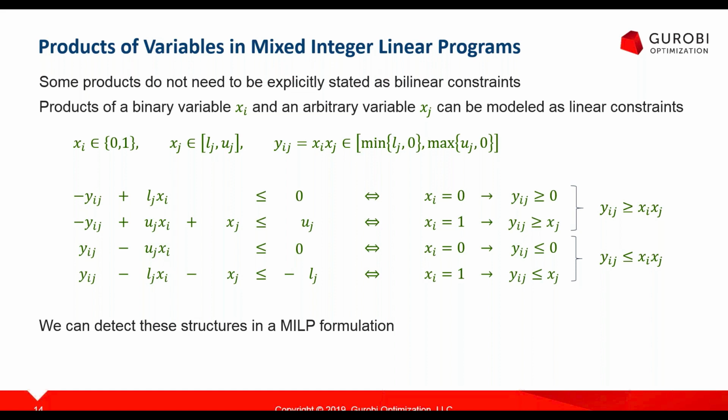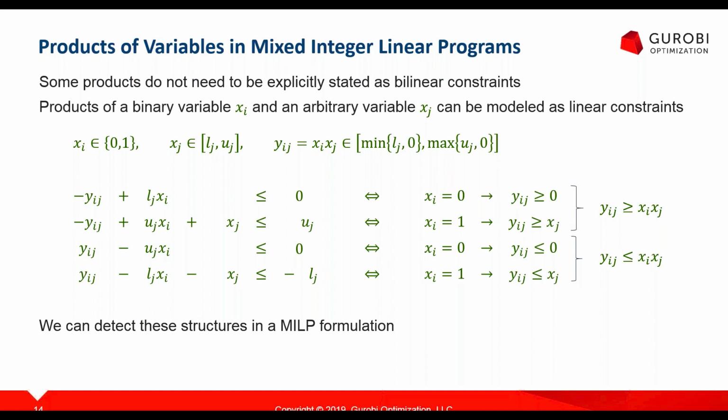And now the second constraint says, if xi is equal to 1, then this uj coefficient cancels out with the right-hand side, and we just have that yij is larger or equal to xj. And if xi is 0, then this is a redundant constraint. So that means in total, these two constraints together say that yij is larger or equal to xi times xj. Okay, and the same holds true for the second set of constraints.